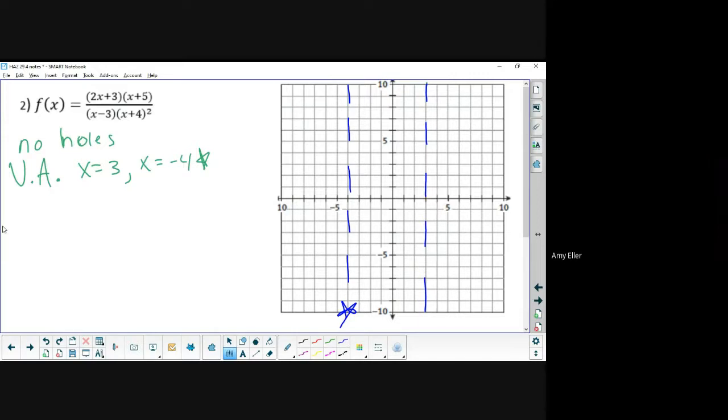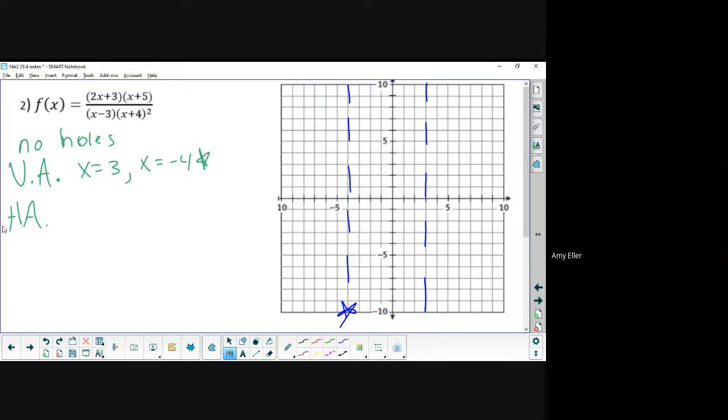What about horizontal asymptotes? What do we look at for horizontal asymptotes? The degree first. So the degree of the numerator. The degree of the numerator is 3. If I put this in standard form, the highest power is going to be x to the second. Yes, you're so smart.